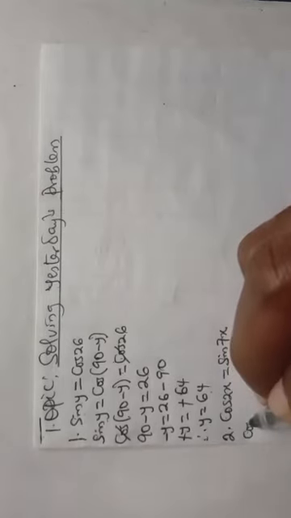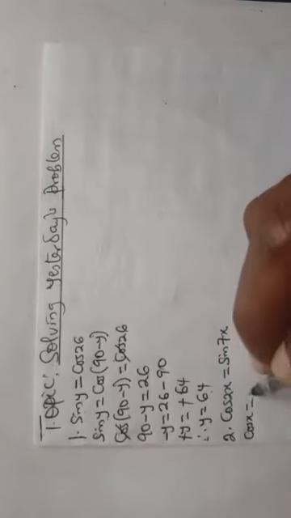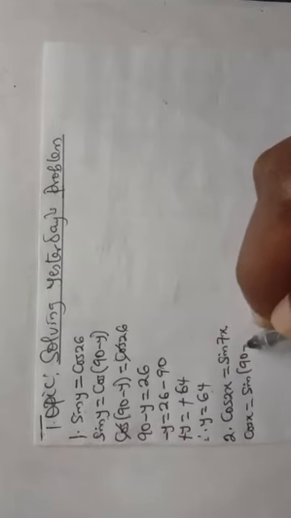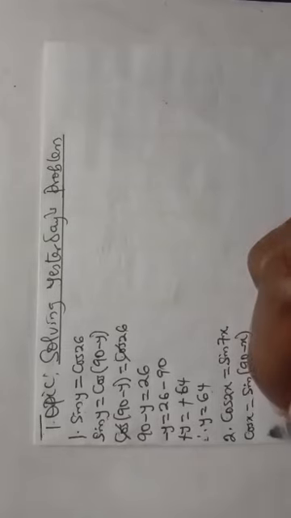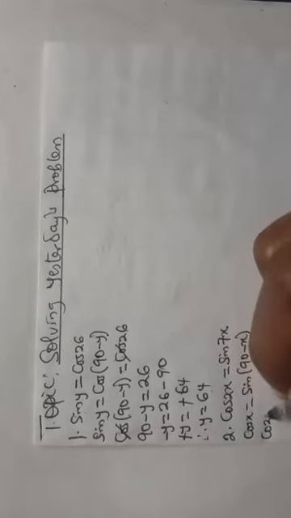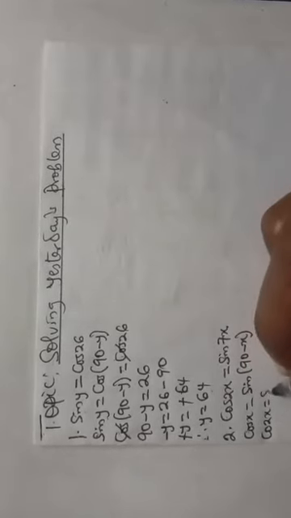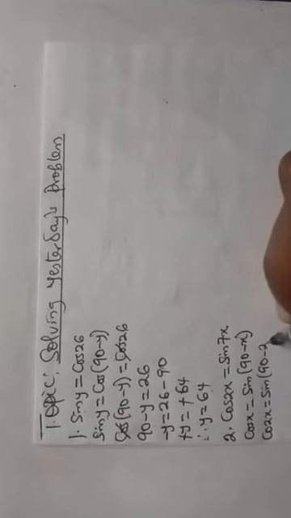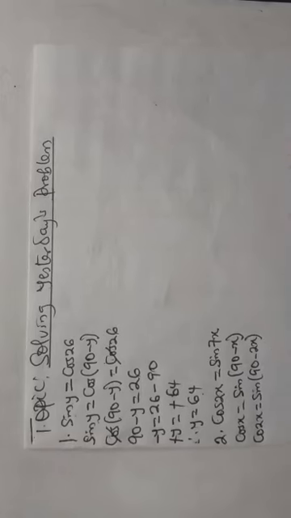Now cos x is equal to sine of (90 minus x), so that cos 2x is equal to sine of (90 minus 2x).